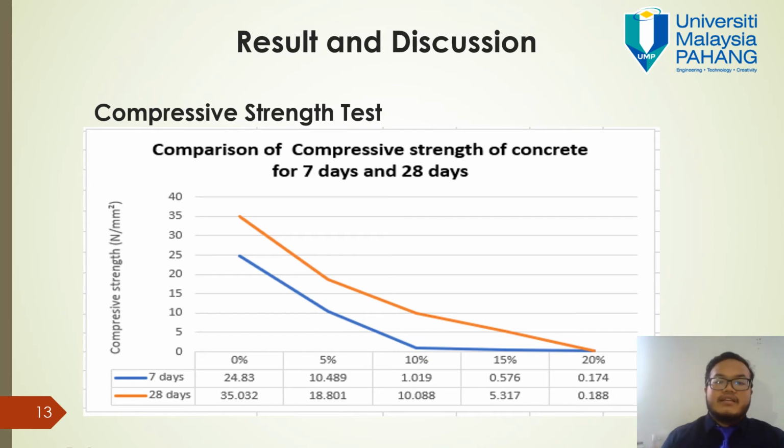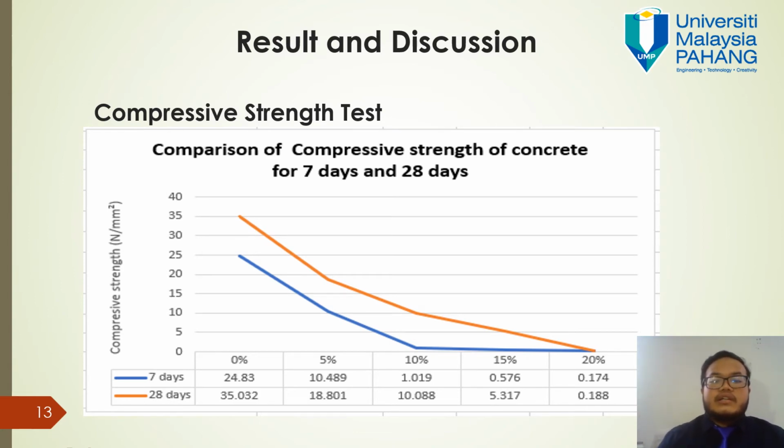For 7 days, the compressive strength of the control sample is 24.83 Newton per millimeter squared, meanwhile the highest compressive strength result for the concrete with Kenaf core is 10.489 Newton per millimeter squared. The concrete with 20% of Kenaf core was the lowest compressive strength for 7 days of water curing.